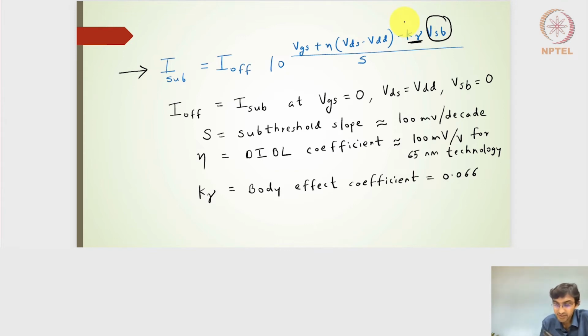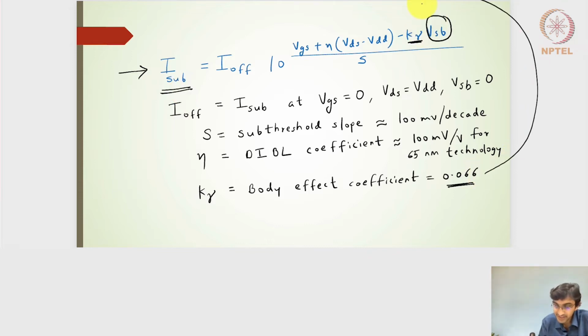So in fact, if you remember, if the VSB value increases by 1 volt, the VT is going to have an increase of 0.066 volts, that is 66 millivolts. An increase in the VT is likely to cause a decrease in the subthreshold current, as well as a decrease in the overall long channel saturation current or the linear current. So that effect has been incorporated.